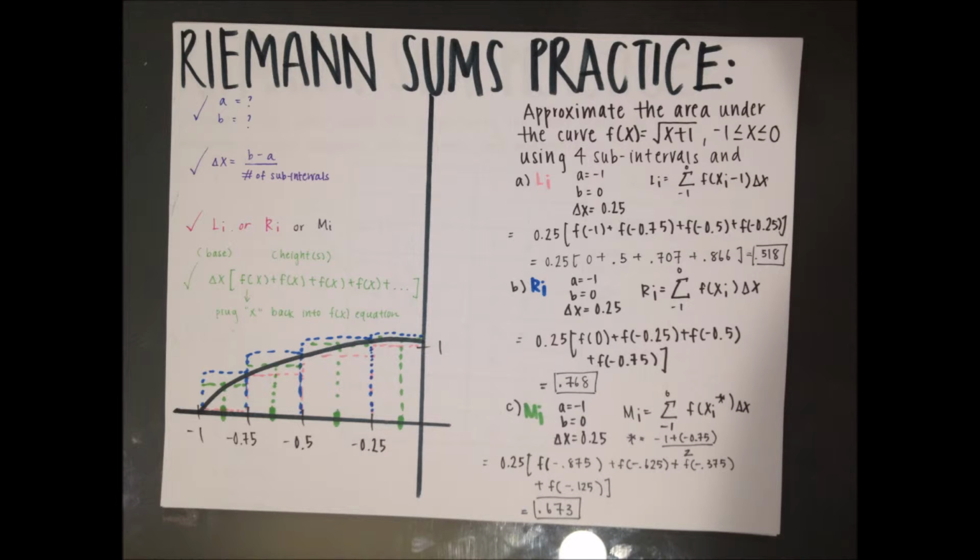For midpoint approximations, we have to actually calculate what the midpoint is of each of these subintervals. So take the sum of the left side of the subinterval with the right side of the subinterval and divide by 2 to find the midpoint between these 2 points. Now plug all these x values back into the original equation, which is square root of x plus 1, and add all these values up and multiply by 0.25.